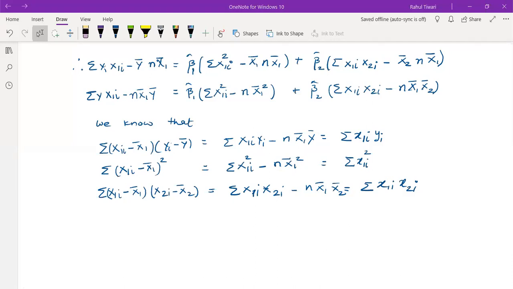So these are basic terms which we can use for replacing the quantities, because these expressions are very lengthy. So one can replace directly by the given expressions to simplify your beta 1 hat.